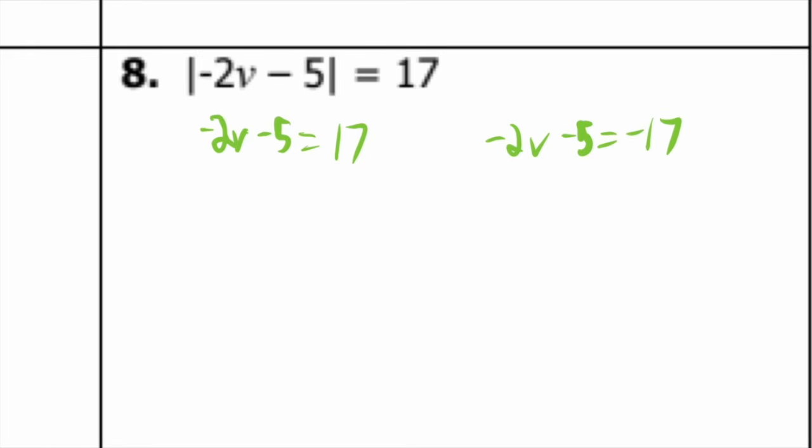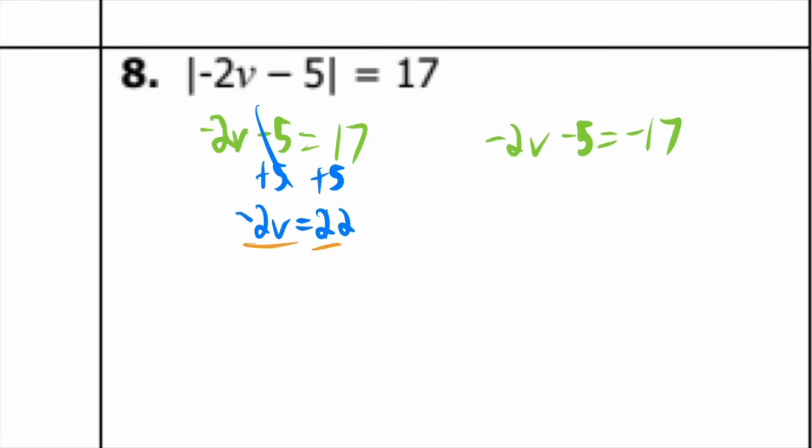And so now we start worrying or being concerned or even thinking about those negatives, because only now it becomes part of our solving that we have to account for those. And so I have to undo this negative 2 that's multiplying and undo this minus 5 that's subtracting. And so I undo the subtraction of 5 by adding 5. And I end up getting negative 2v is equal to 22.